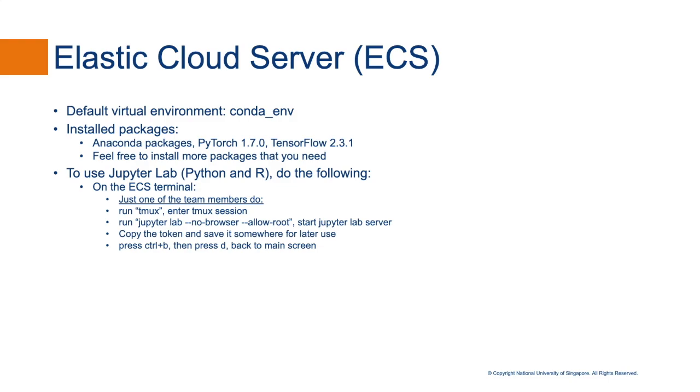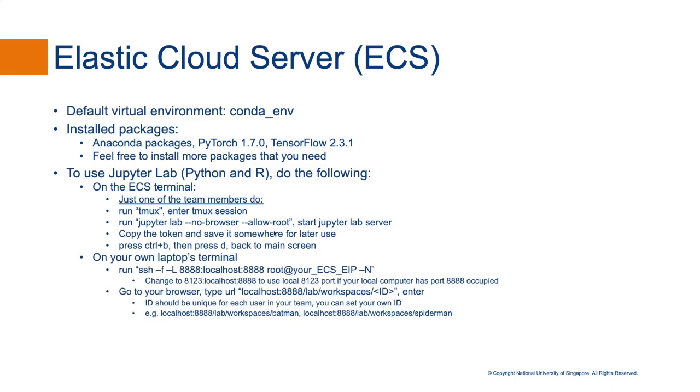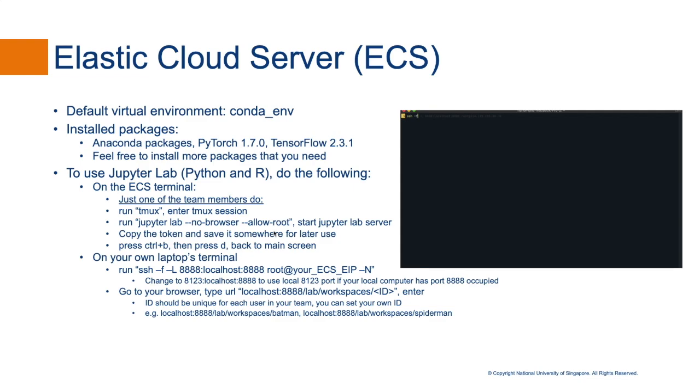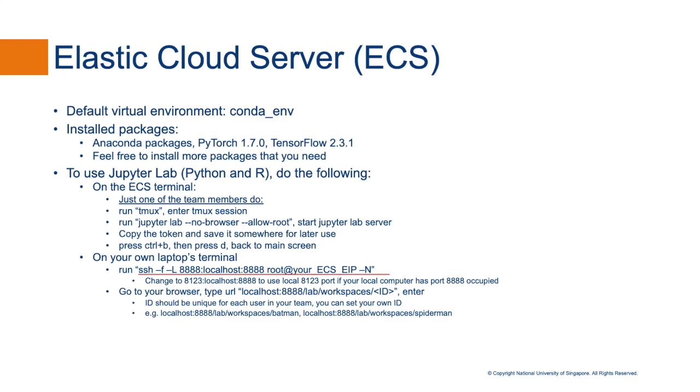After it is done, everyone in the team can follow next. Start a local terminal on your own laptop and run ssh -f -L localhost:8888 root@your ECS EIP. If your local 8888 port is occupied, change to 8123, for example.